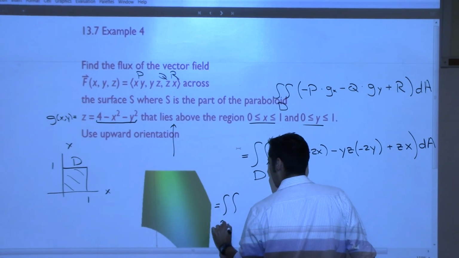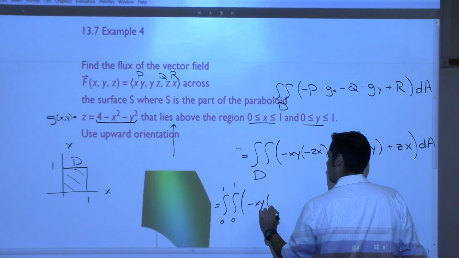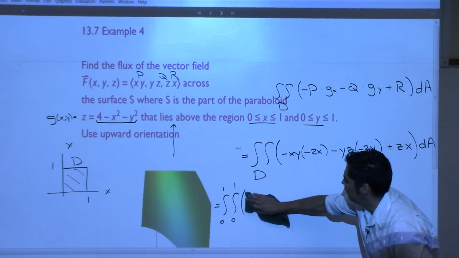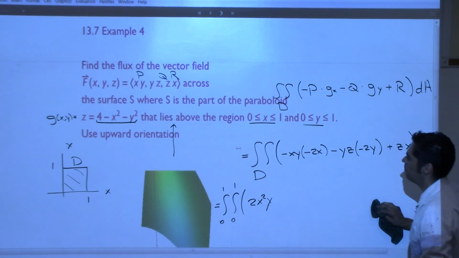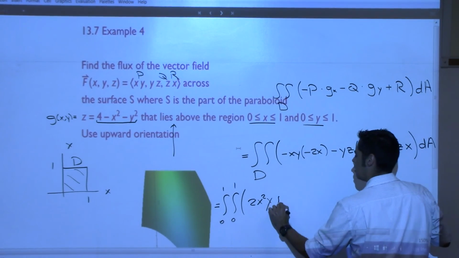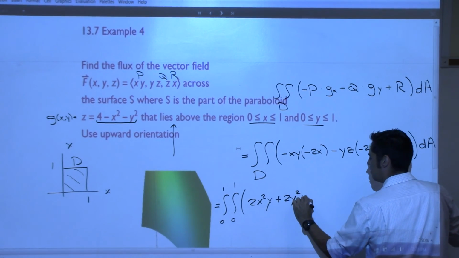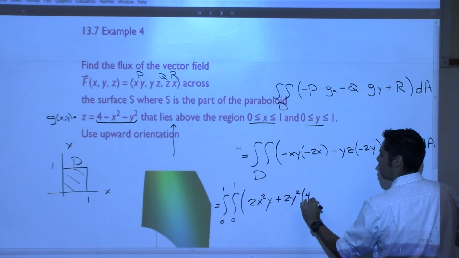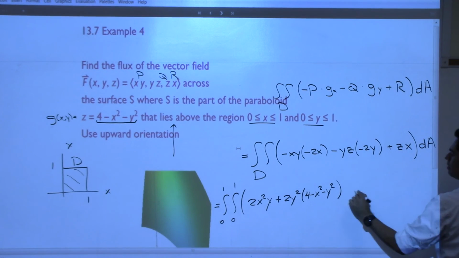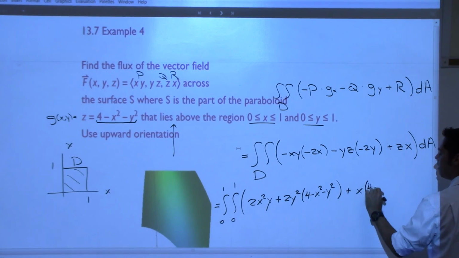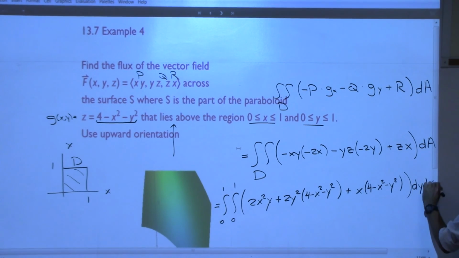Integral 0 to 1, 0 to 1 of negative xy. I can actually put those together. What's that? 2x squared y. This one plus 2y squared z, but z is 4 minus x squared minus y squared. And then the last one, plus x times 4 minus x squared minus y squared, dy dx.